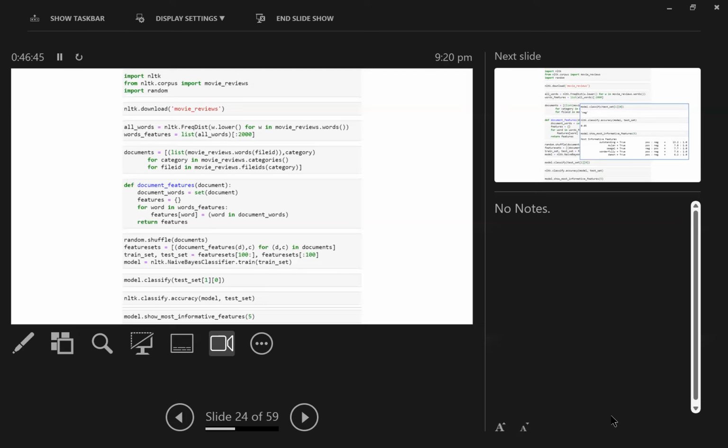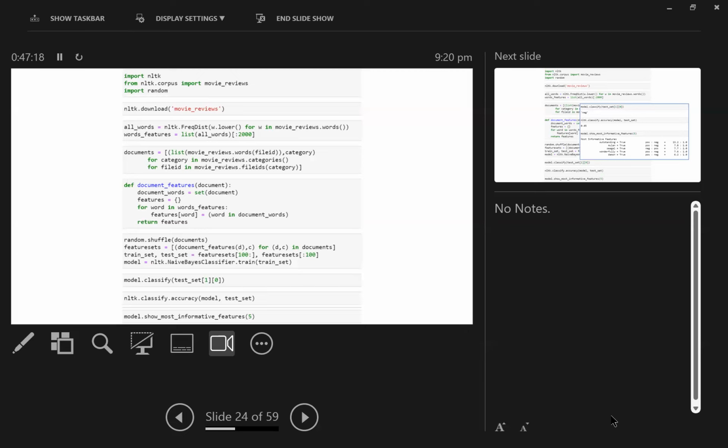Then we go through all the words in the documents and count the number of occurrences of each word in all these documents. Then we sort in descending order, such that the most frequently appearing word will be on the top, and then the next most frequent word second, all the way down to the least appearing.